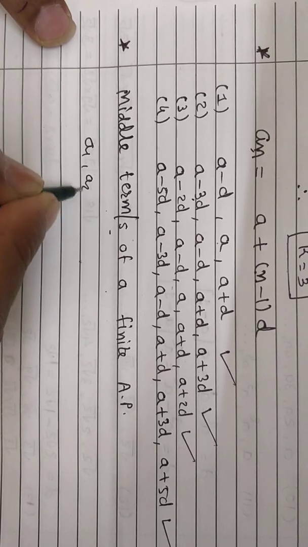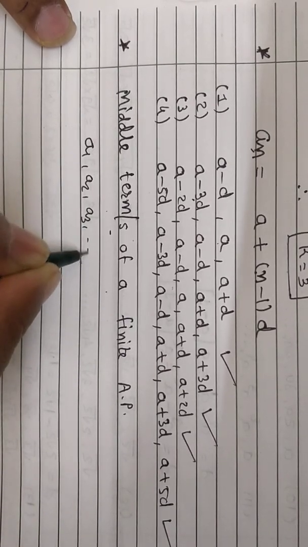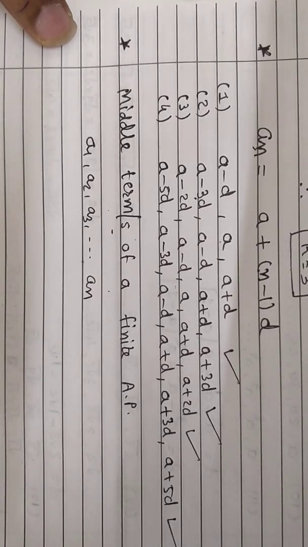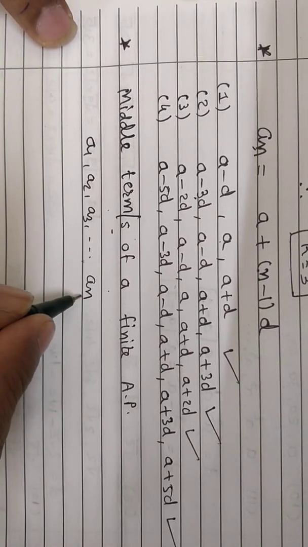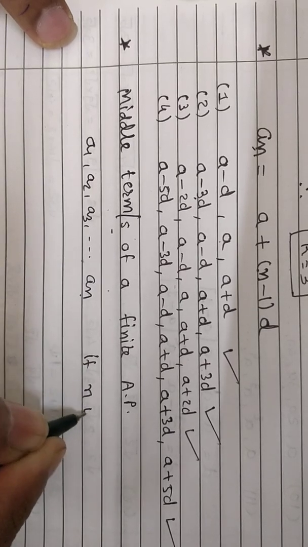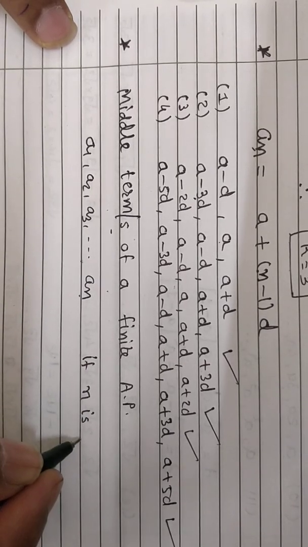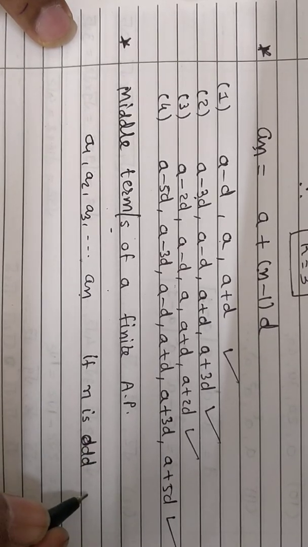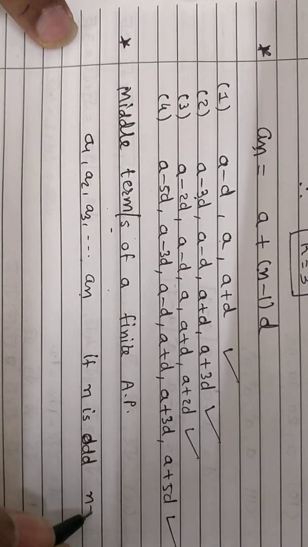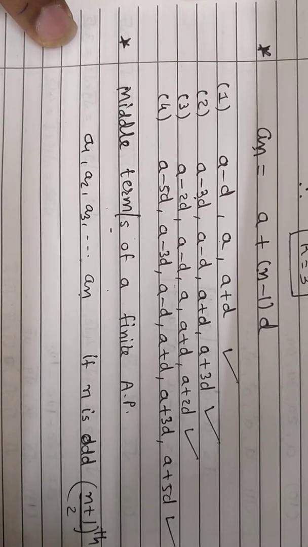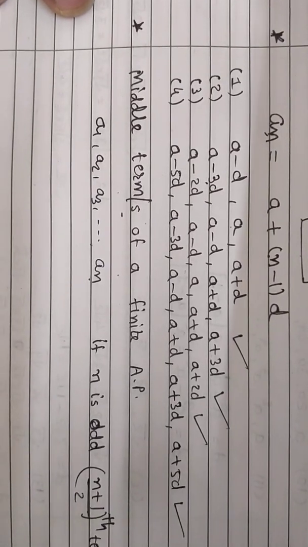Suppose this is an AP and this is the nth term. If n is odd, at that time the (n plus 1) upon 2th term is the middle term.